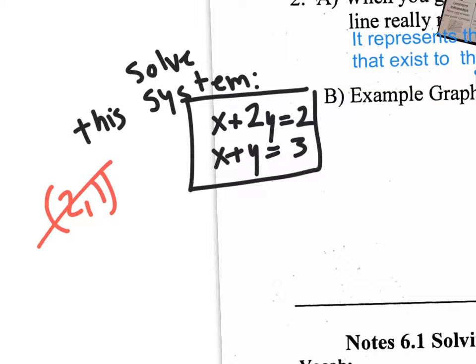Why not? Because even though 2 and 1 works for the bottom equation, this is a system, and both equations are working together. So you need to find the answer that works for both. And if you try to plug in 2 right here and 1 right here, it's going to say 2 plus 2, and that's not 2. Does that make sense? So 2 and 1 did not work.